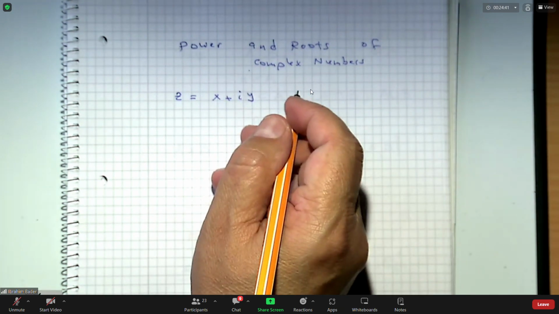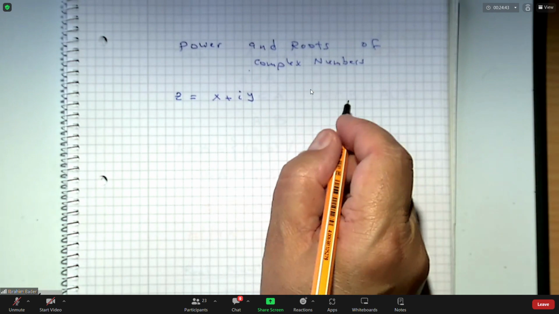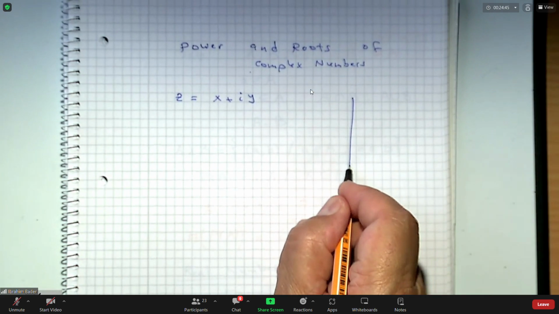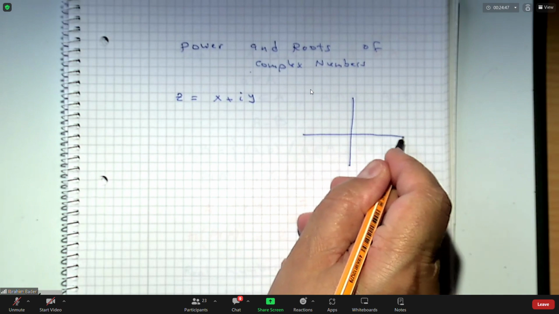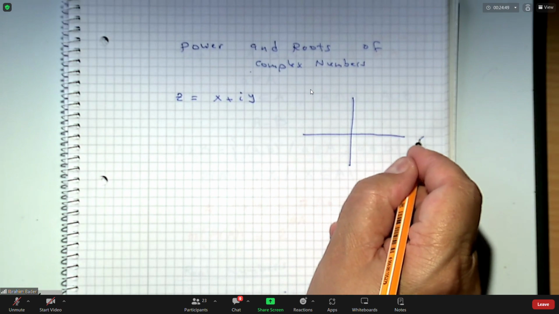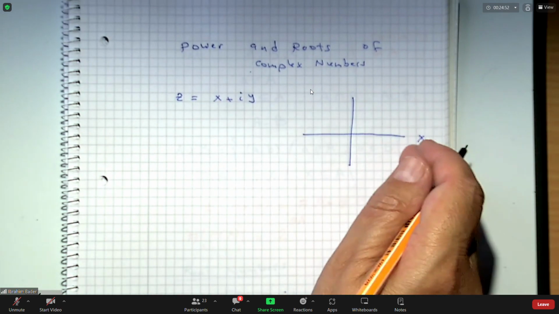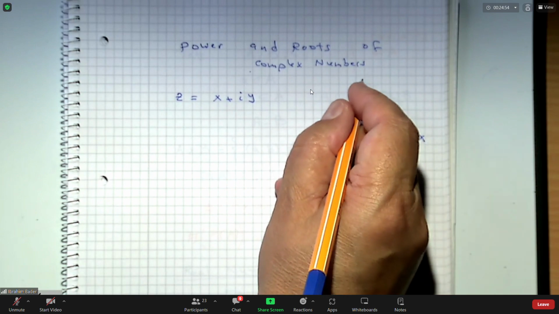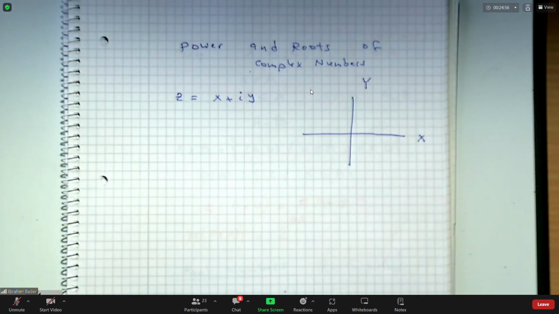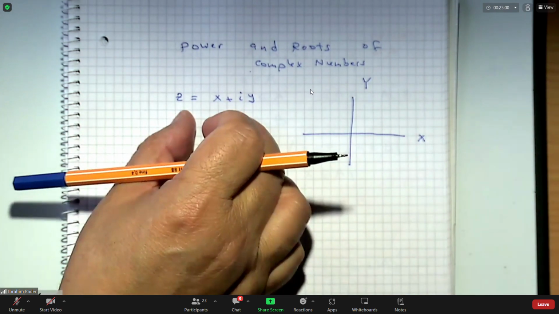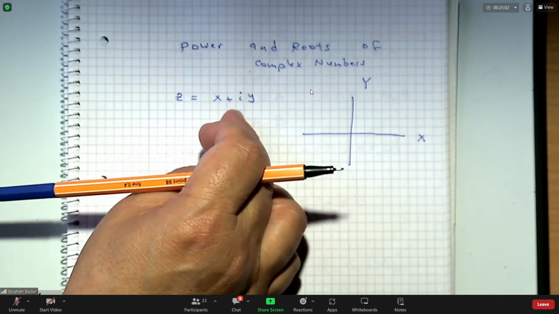You can think about a complex number as a number on the XY plane, where the real part is along the x-axis and the imaginary part along the y-axis. It is an ordered pair where the imaginary part is always the y.